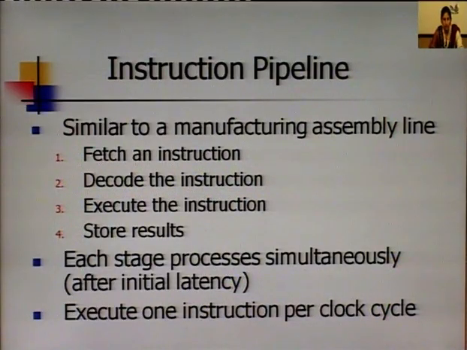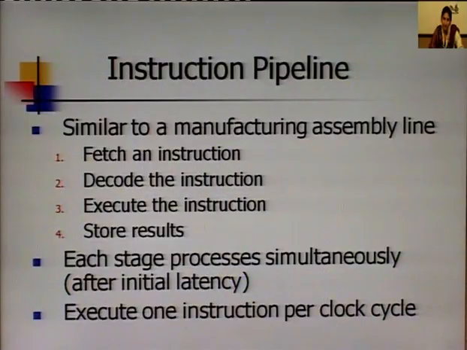The first phase of this processing is known as fetch the instruction. Fetching means taking the instruction as input, or taking the command. Second is decode the instruction, that is manipulating the code of that instruction to produce the executable form of that instruction.